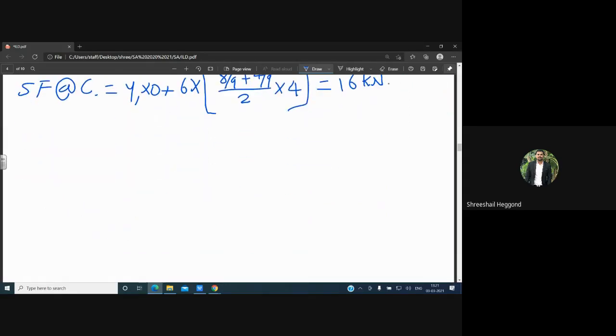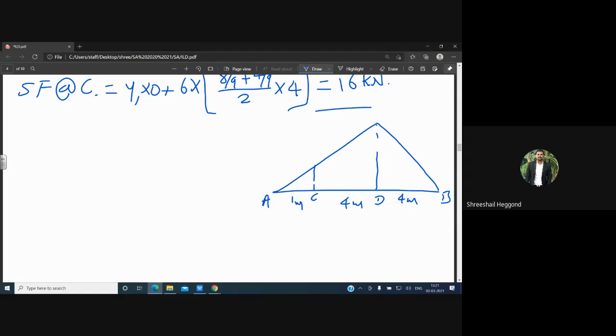The diagram for bending moment can be drawn as, this is of 4 meter, B point, A point, C and D points. This is of 4 meter, this is of 1 meter. UDL is acting. The intensity of UDL is 6 kilonewton per meter.